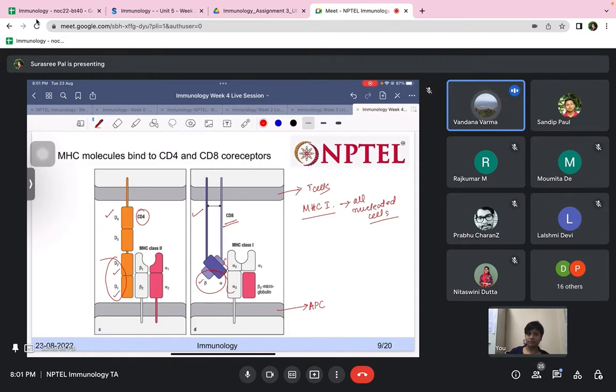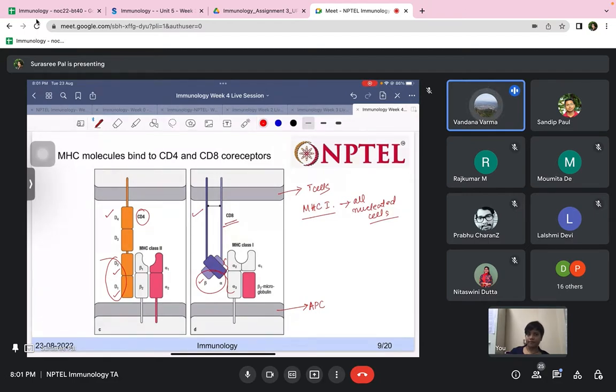So cytotoxic cells are responsible for the killing or lysis of viruses and the tumor cells. So this interaction between MHC class 1 and CD8 co-receptor will be only for the immunity against viruses and against the tumor.